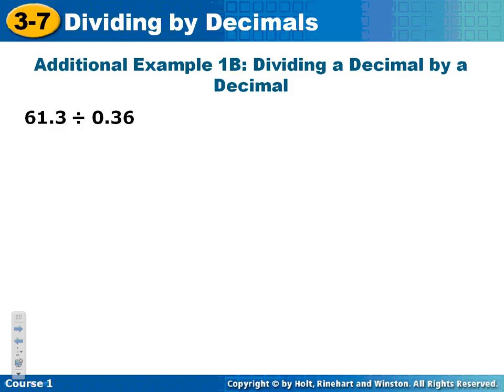Okay, so that one looks pretty complicated, doesn't it? First of all, let's do this. Let's work together. On your whiteboards, write the problem down as if it's in the house.